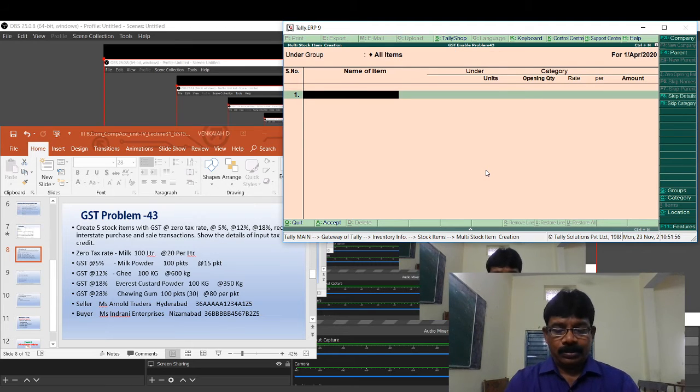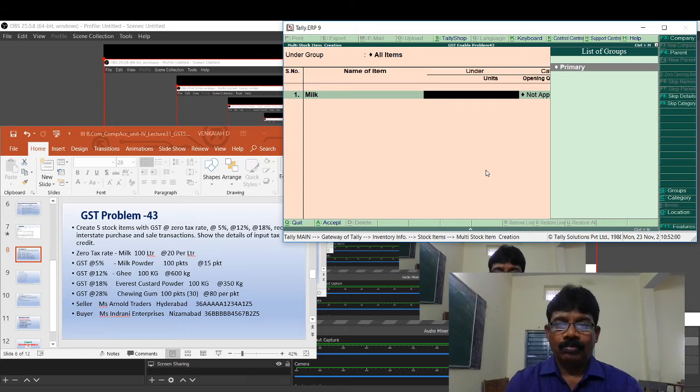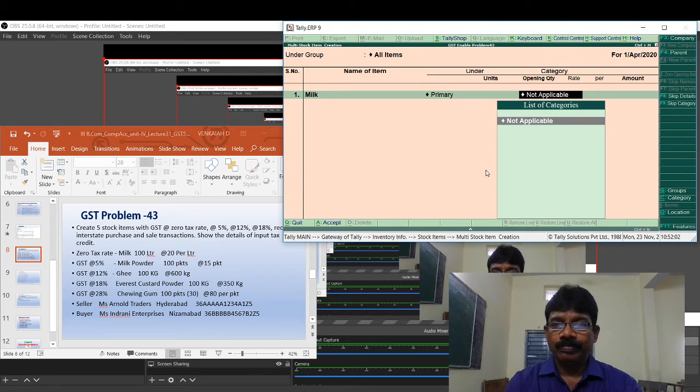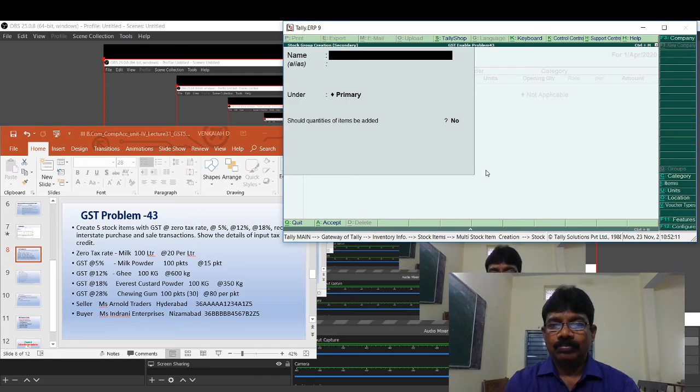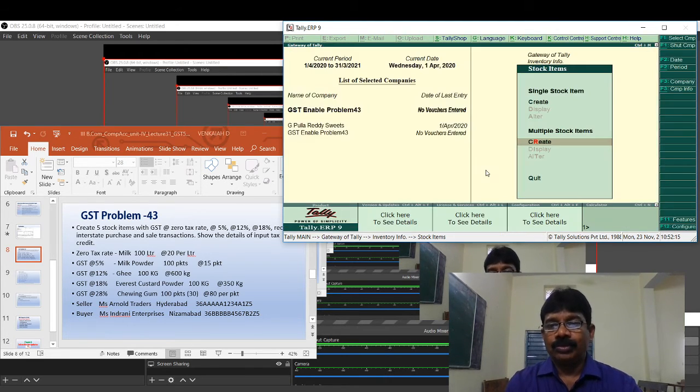Now items, we will create items. All items: milk, under primary. Units of measure, we'll go for single.